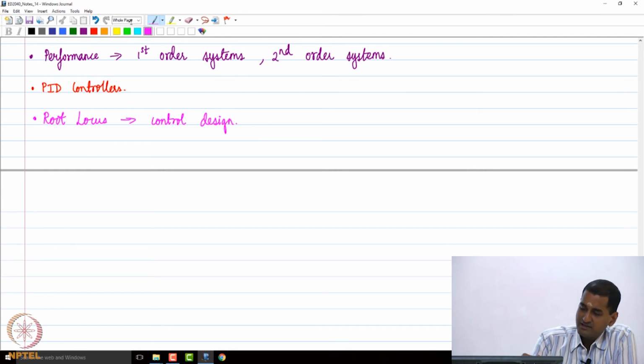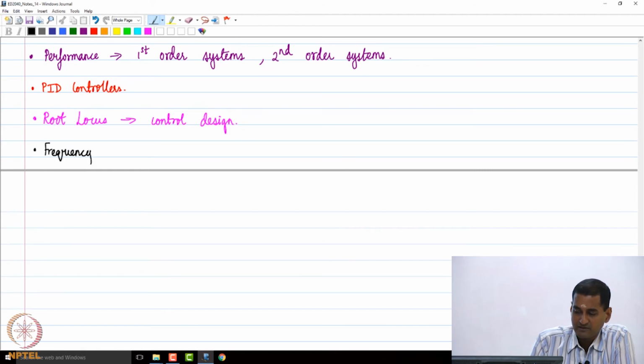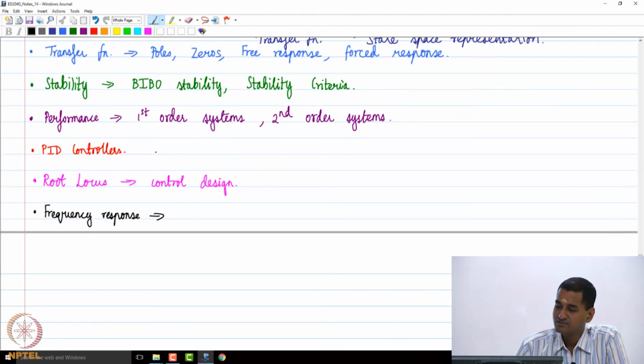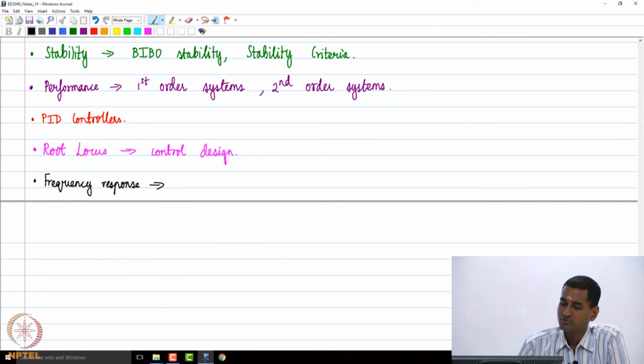So after this we moved to frequency response. Where would I put it? Let me put it under performance. I think I missed out writing steady state error analysis, right.